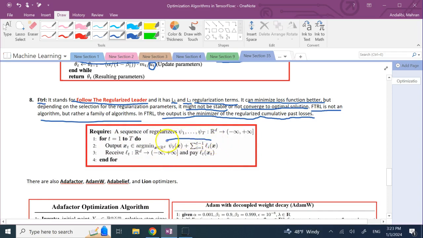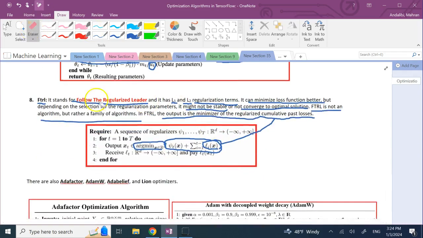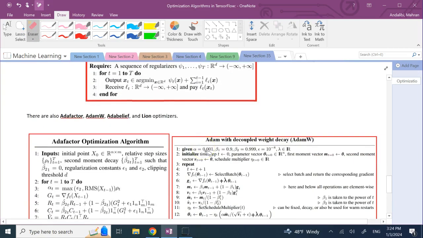I mean, look at this output, the weight update, argmin of that. The way that you calculate all of these regularized cumulative past losses is not that simple. It has quite a bit of depth to it, but here again you might be able to find the algorithm and look into it, and that's not my goal.